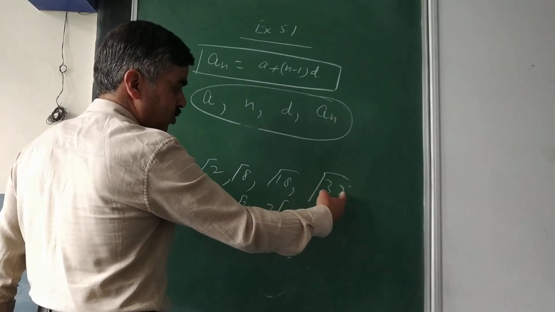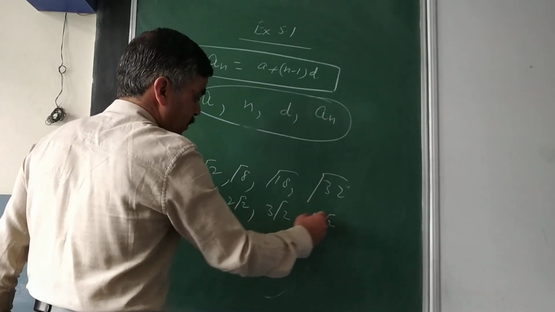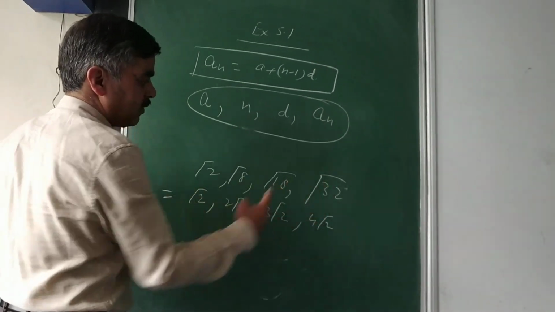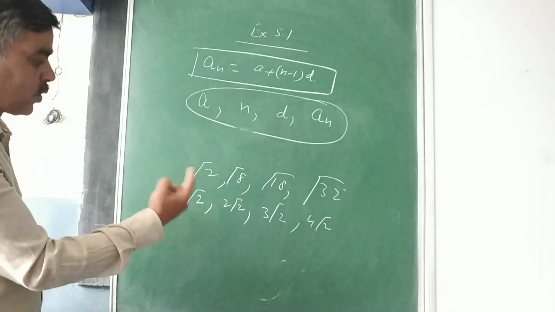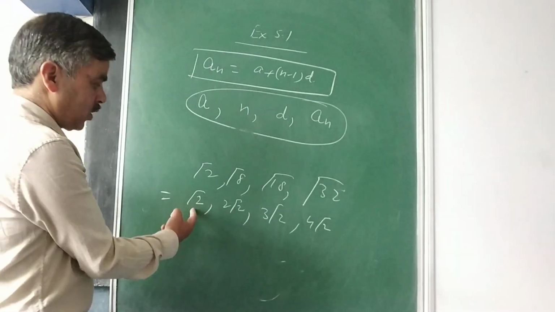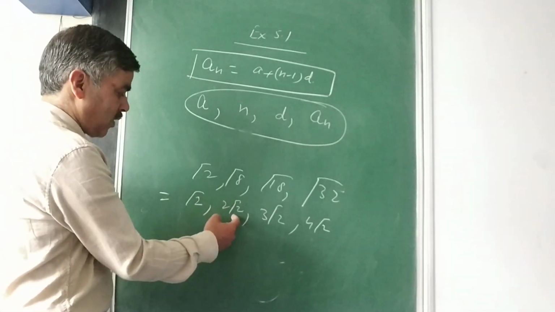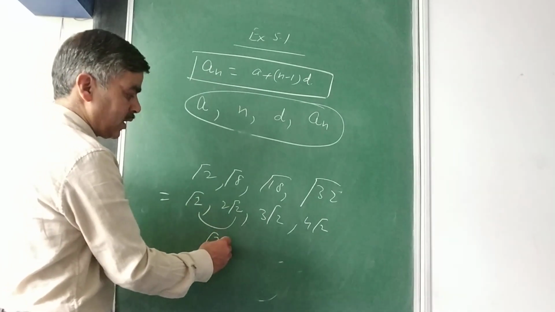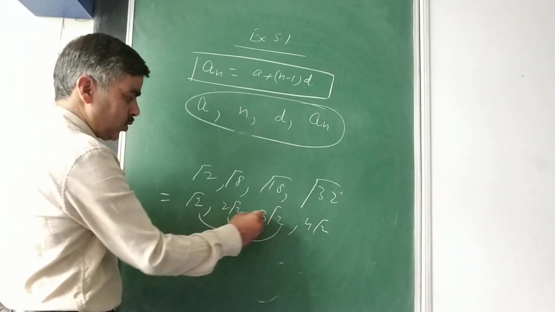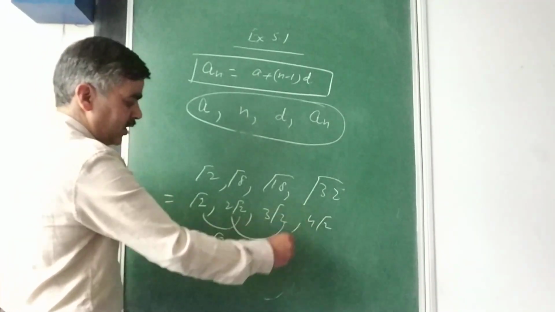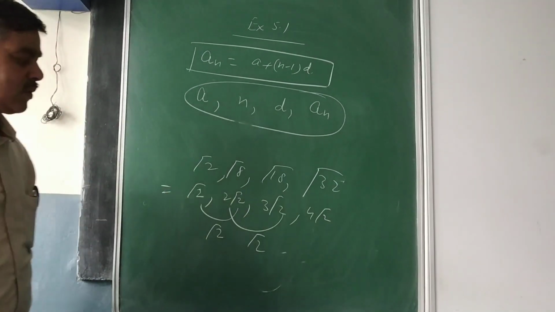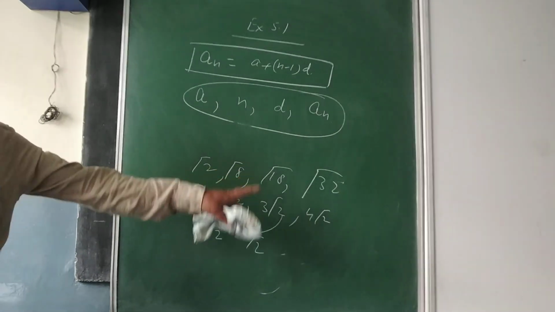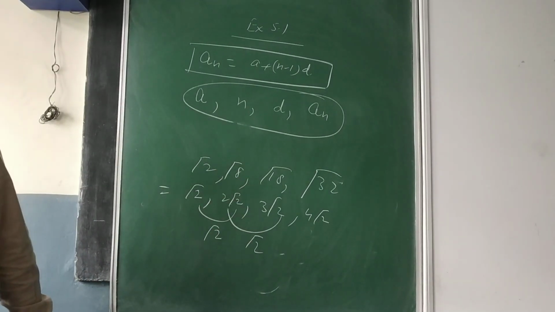This is 16 into 2 means 4 root 2. It is better that when the surds are given in the pure surd form, you change those into the mixed surd form. So now root 2, 2 root 2. The difference of these two will be root 2. 3 root 2 and 2 root 2, when you find the difference, that will again be root 2. So everywhere the difference in these terms you will find is root 2. Hence this is an arithmetic progression.